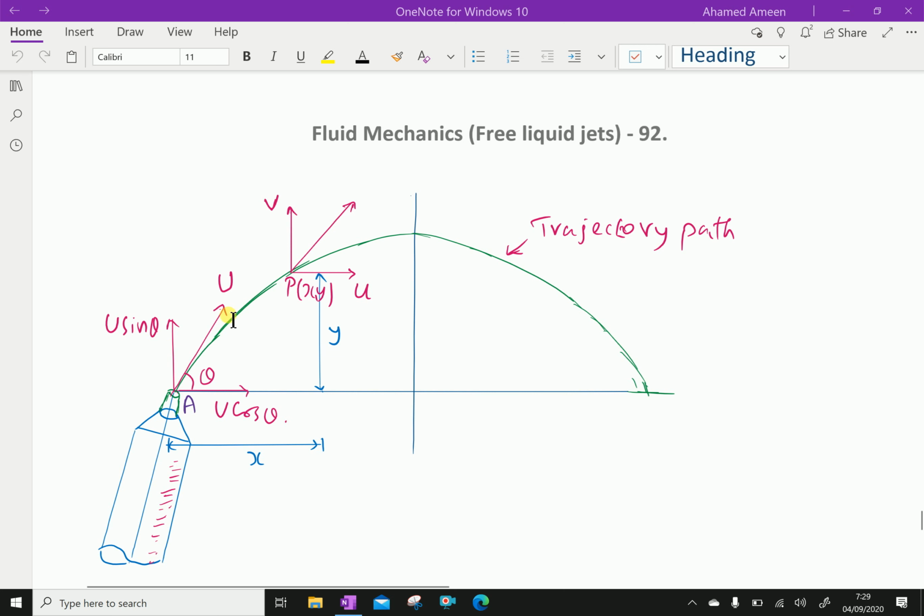Consider another point P in the path such that the coordinates of point P from A are x and y, that is, x distance and y distance from point A on the center of the jet.